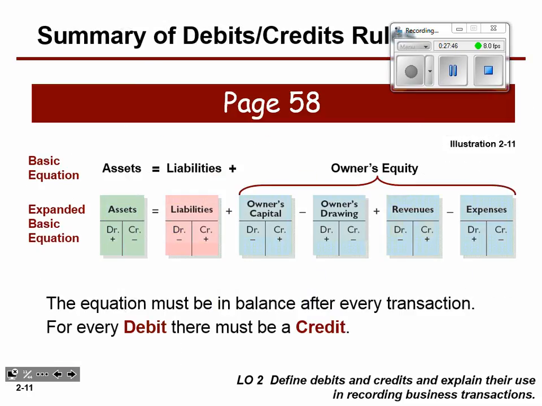On page 58 in your book, which I believe is a printout, it shows it in this format, which is, again, the same thing I've been teaching you. It's just now you've seen a third way of knowing. Remember, debit and credit does not necessarily mean increase or decrease.